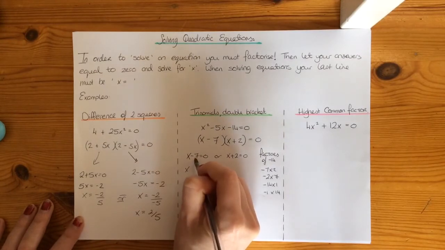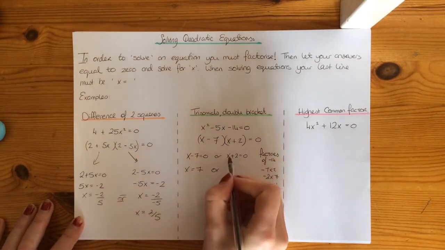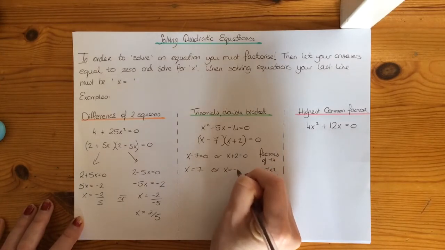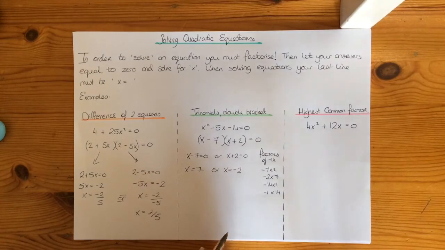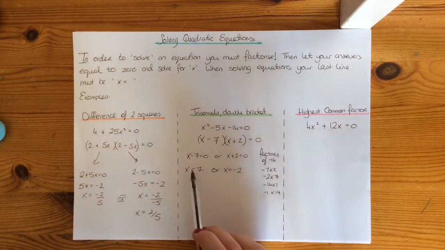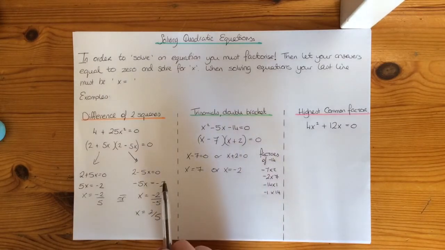So move that 7 over, it's a minus 7, moves over, turns into a plus 7. Or x plus 2 equals 0, positive 2, move it over, x equals minus 2. And there's our two possible answers. We factorized, we solved. Our last line is x equals 7 or x equals minus 2.